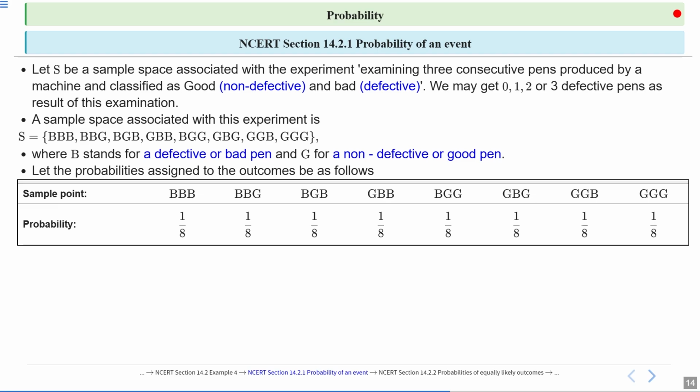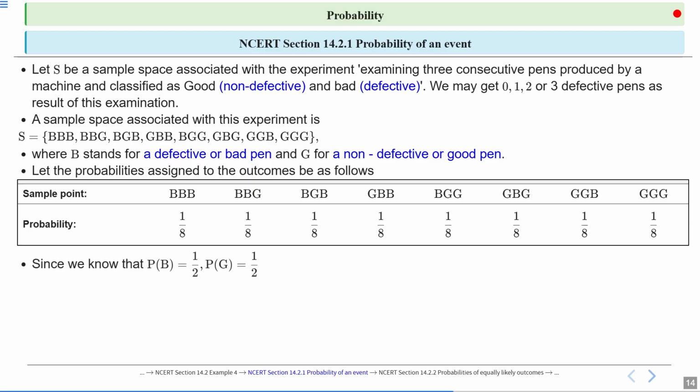So you can easily find. Here you can see P of B equal to 1 by 2, and P of BBB is nothing but 1 by 8. Okay, so probability of all the sample points will be 1 by 8.